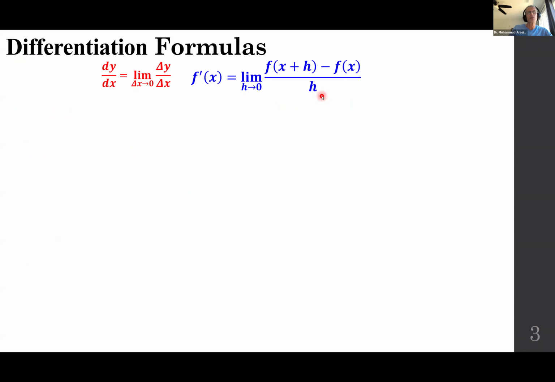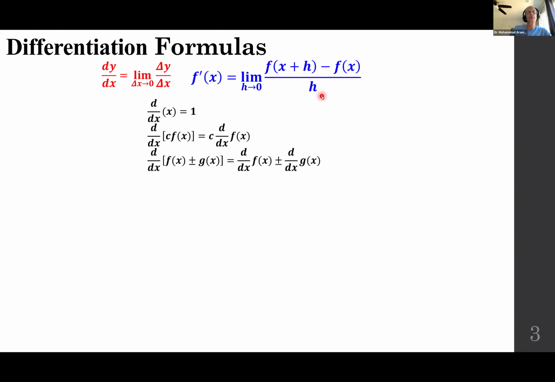So here's the definition. Some basic formulas. Definition of e.